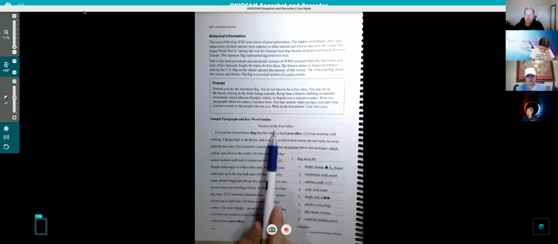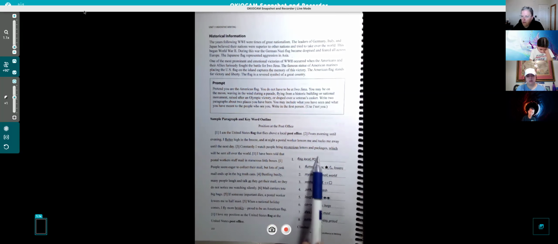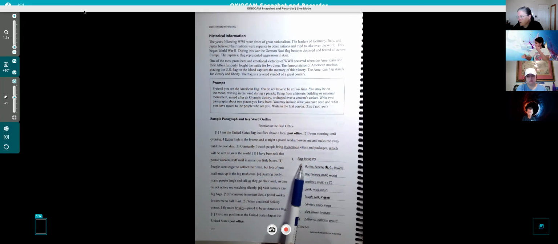And this one's talking about the post office. So here's the keyword outline that this student, it's just an example here, because you will fill out a keyword outline. Your goal this week is 2 paragraphs of 2 different places that you've been as a flag. Okay, so this student picked local PO, which stands for post office.